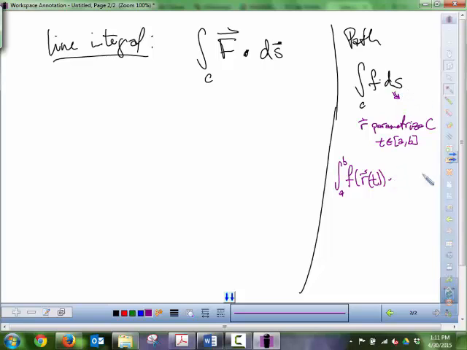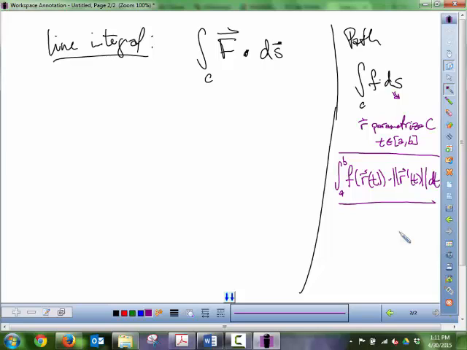And then the ds becomes the magnitude of the derivative of your parameterization dt. So this would be called the working definition of a path integral. Okay?